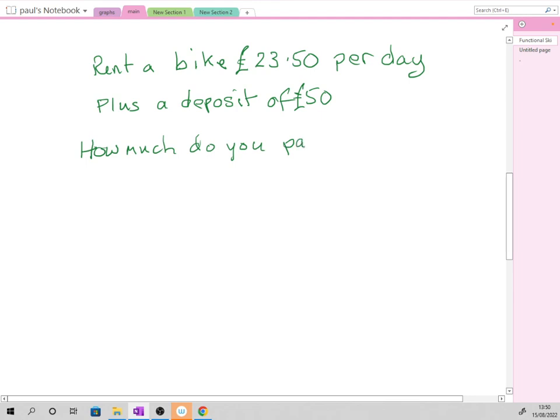How much do you pay for, say, 3 days? Gone to one of those centre park thingies, we're going to ride around the forest for 3 days. Right, so what we need to do is £23.50 times 3 days and then add the deposit of £50.